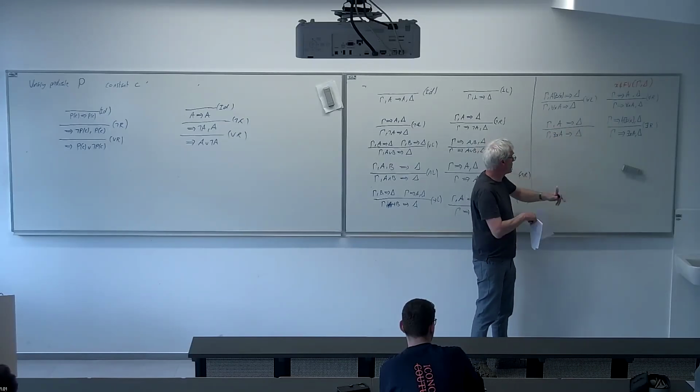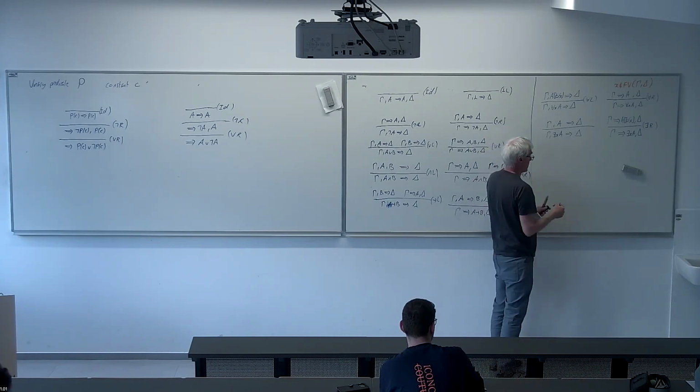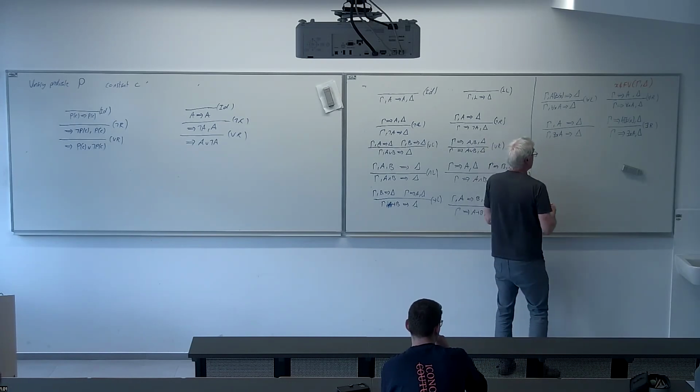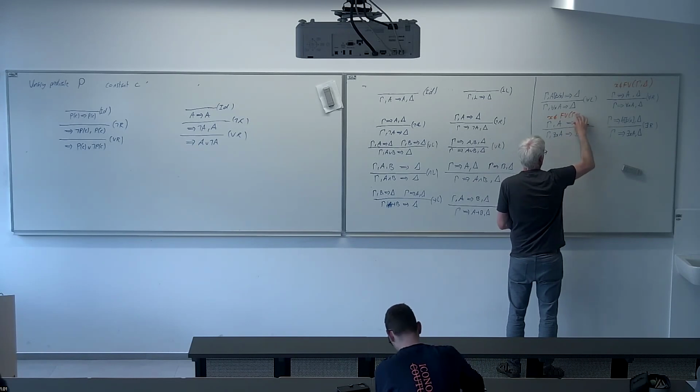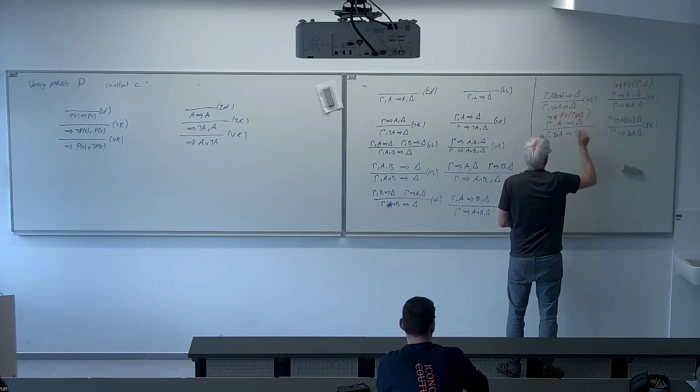So once again, we have the side condition that X must not occur free in gamma and delta. So X is not in the free variables of gamma, gamma comma delta, the union anyway.